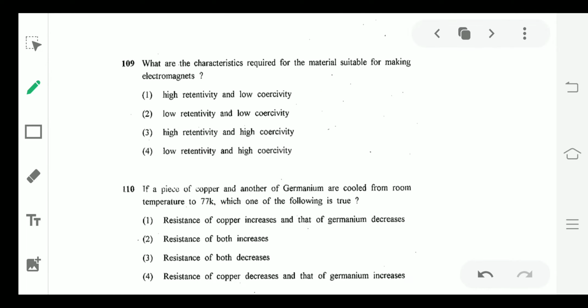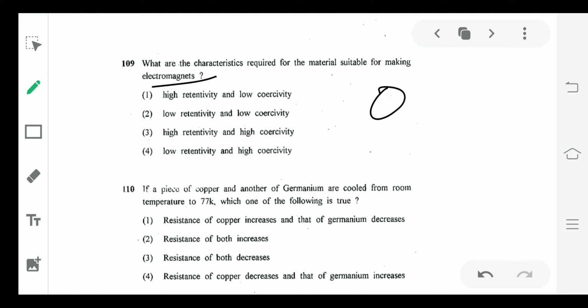Next question is, what are the characteristics required for the material suitable for making electromagnets? Since I have said that for electromagnets, when we apply a current, the magnetic field must increase, and when we remove this electric current, the magnetic field must come to zero, which does not happen in the case of ferromagnets.